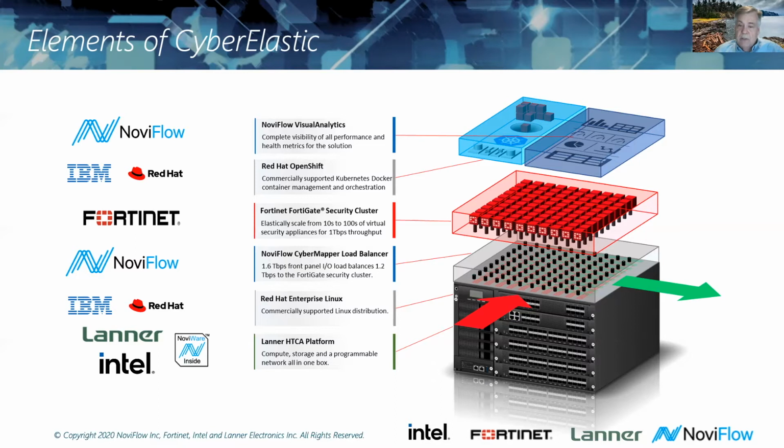The FortiGate security cluster resides on the compute blades and consists of hundreds of individual FortiGate VMs. The Red Hat OpenShift application also resides on the compute blades and provides management of the various containers and VMs on the compute blades. And finally, the NoviFlow VisualAnalytics resides also on the compute blades and provides complete end-to-end visibility of the entire platform, including the hardware, the operating systems, and the applications.